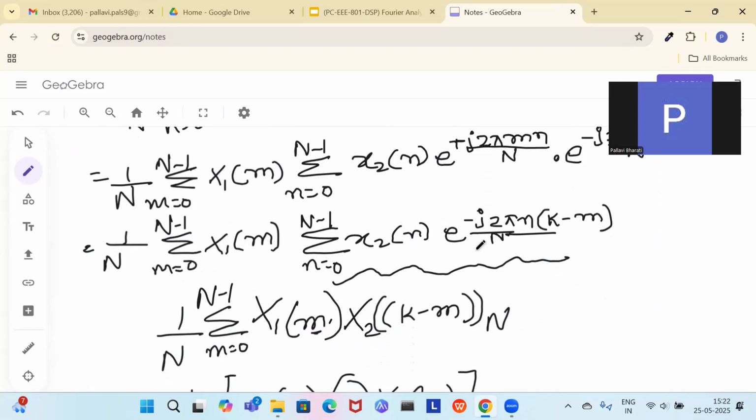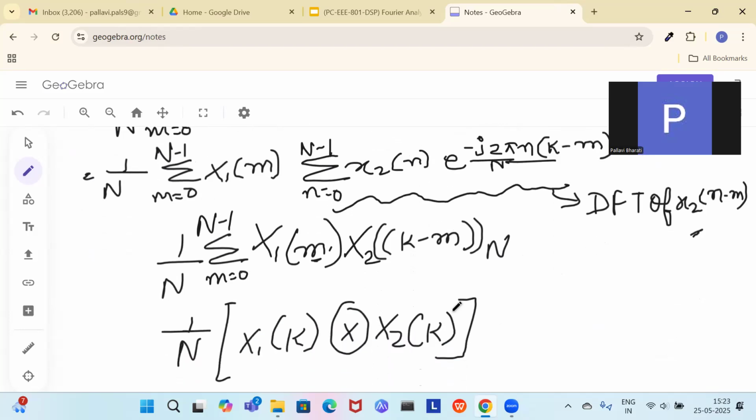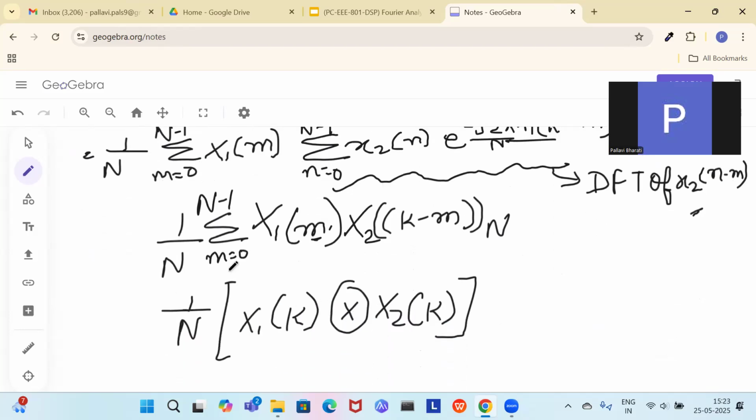This is the discrete Fourier transform. This is the DFT of x2n, with the shift by m. Right? So it has been shifted. Now you are writing this as x2 k minus m. So this way, we are arriving at this point where you have the summation over here with this variable which we had introduced, small m.